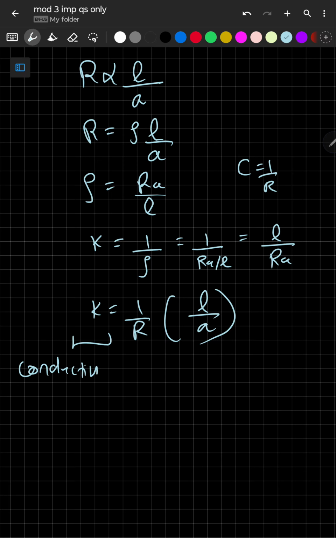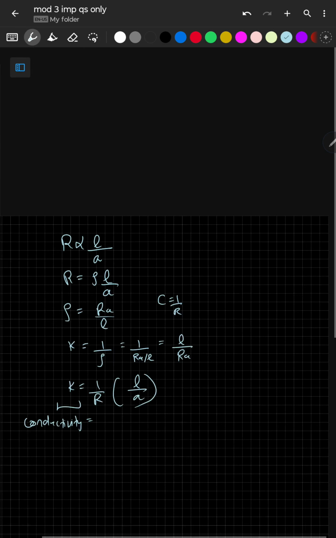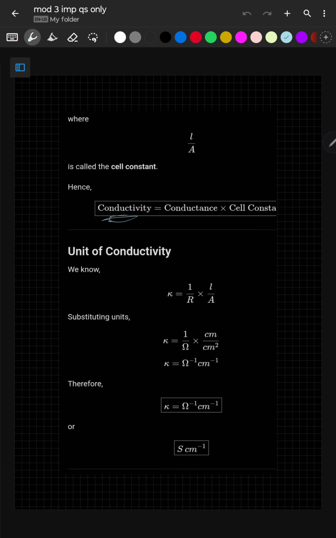Conductivity is equal to 1 by R, which is what? R is resistance. Okay fine, let me show you once, then I think you'll understand better.